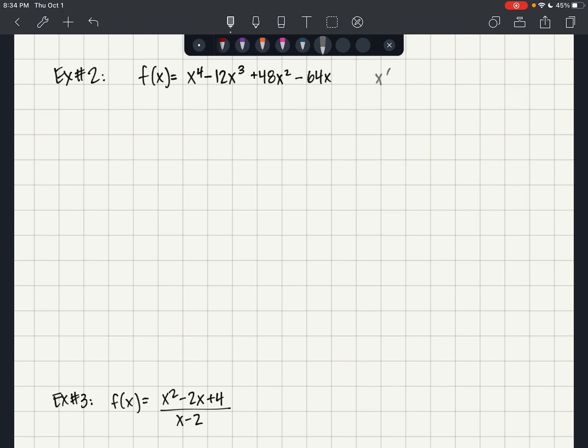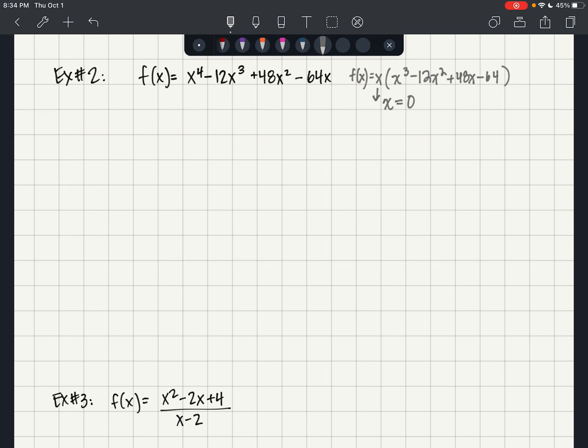So the first thing I'm going to do is factor f of x: x cubed minus 12x squared plus 48x minus 64. Again, I would do the synthetic division deal. But we know that this factor of x is going to give us a 0, right? So we've got a root at 0.